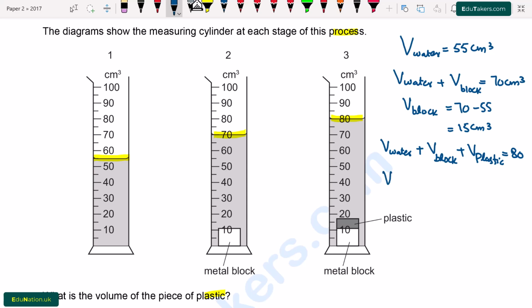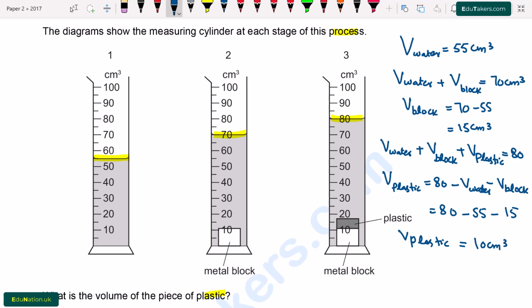So volume of plastic is equal to 80 minus volume of the water minus volume of the block. This will be equal to 80 minus 55 minus 15, so that the volume of plastic is equal to 10 cubic centimeter.